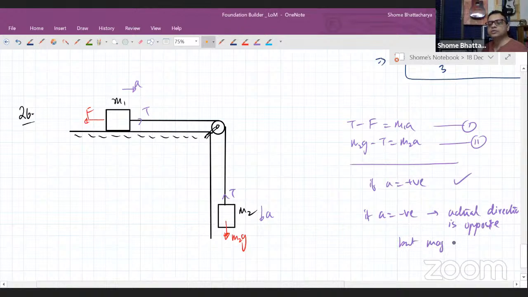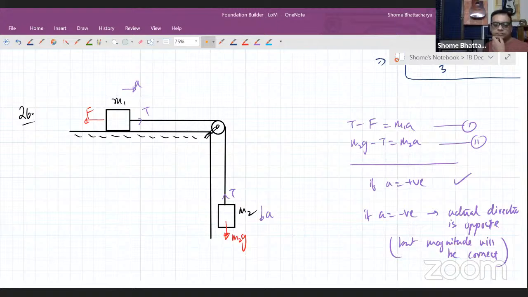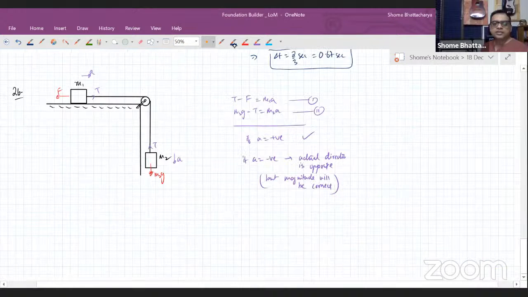The magnitude will come out to be correct. Okay, so that's how we solve the question. So try this out if you haven't done this, and next we'll discuss question 28.